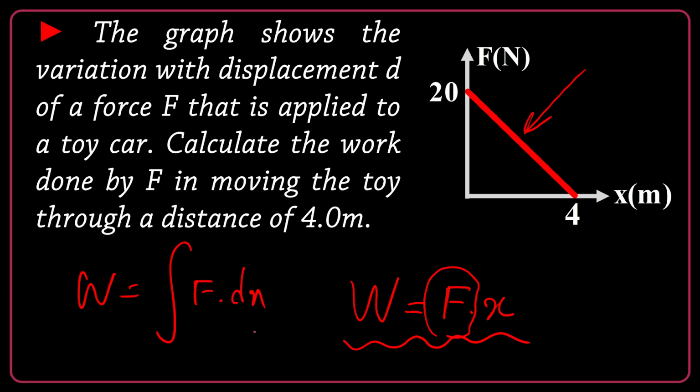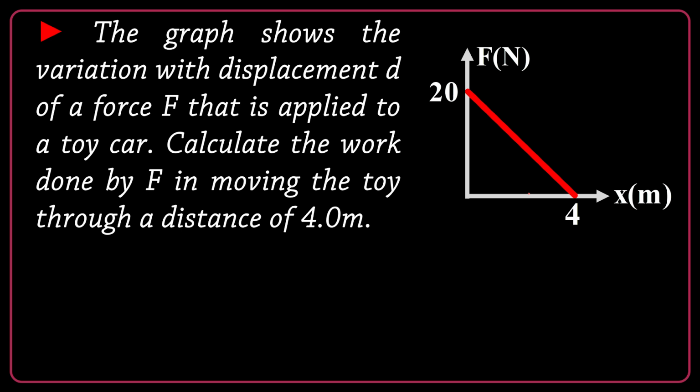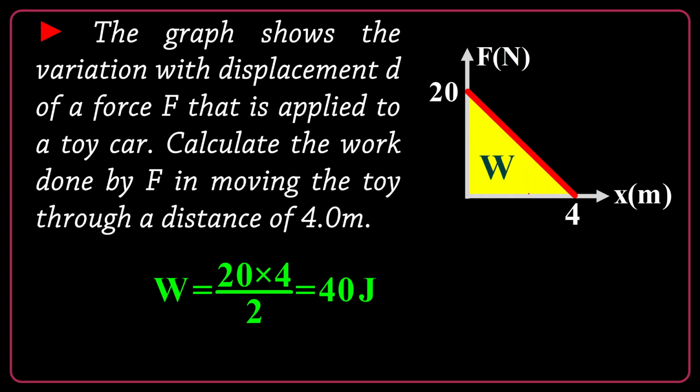Instead of dealing with the complexity of this integration, I can use the area under the graph. This is why we use that. It's a very easy, geometrical solution. So the area under the graph is the work done, and here I have the area of a triangle. Vertical side is 20, horizontal side is 4, divided by 2, the answer is 40 joules.